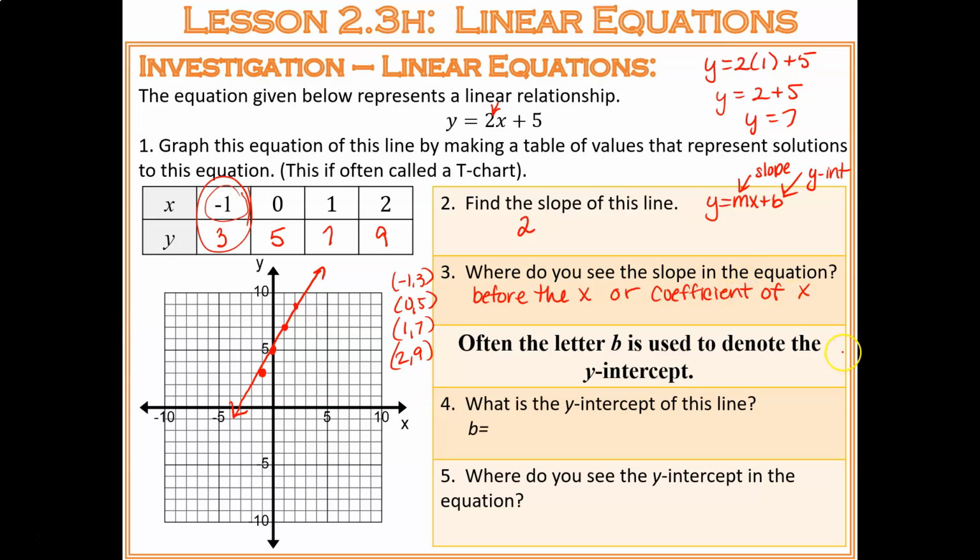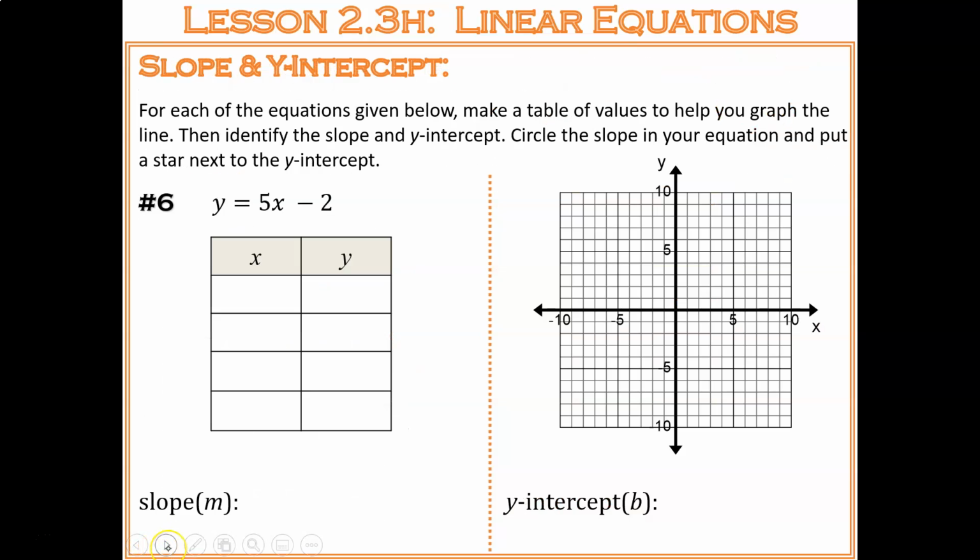Often the letter b is used to denote the y-intercept, and this is something we already know. So the y-intercept is right here, so it's 5. It's the constant, which means it's the number without a variable. All right, let's move on to the next one.